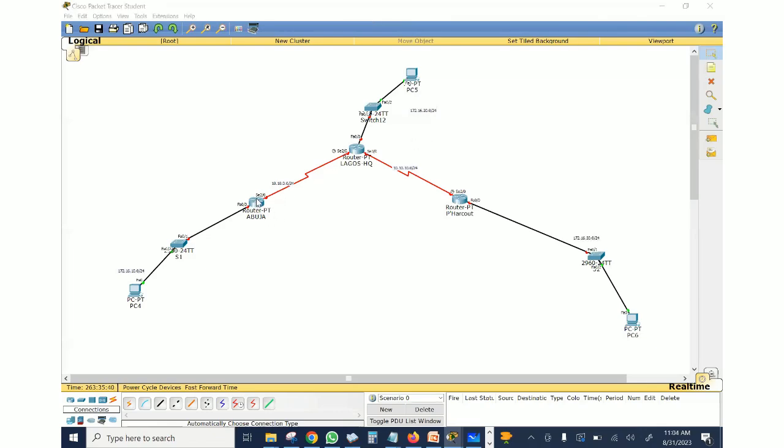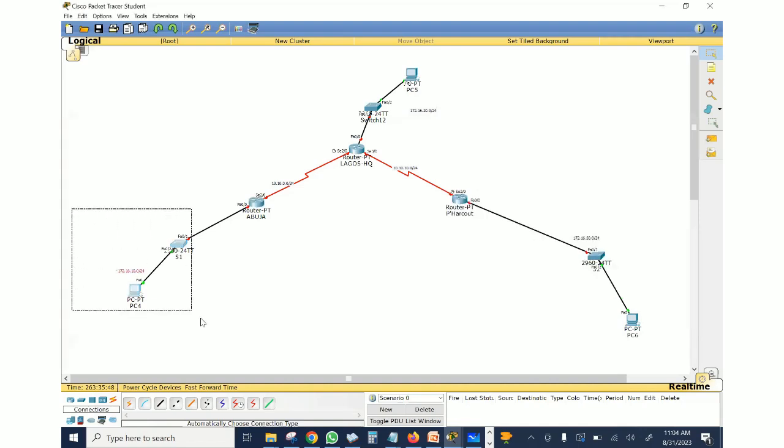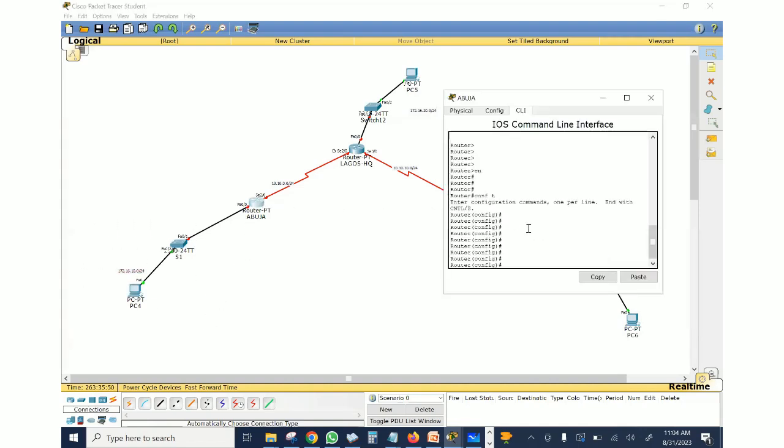So all labeling done. So now let's first and foremost configure this interface. Like I said, this interface will be the default gateway for the people in this environment. That's the interface they will be using to leave their network. So let's go. Interface 0/0. Okay, you can see the label.